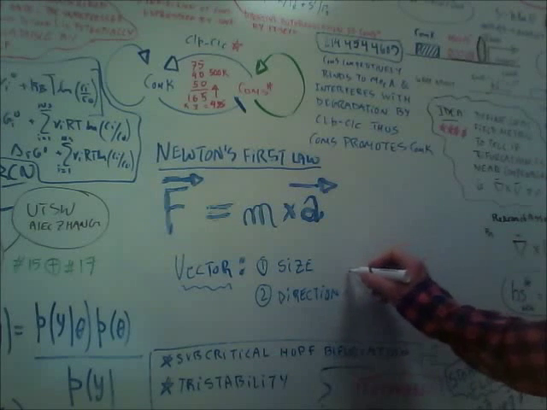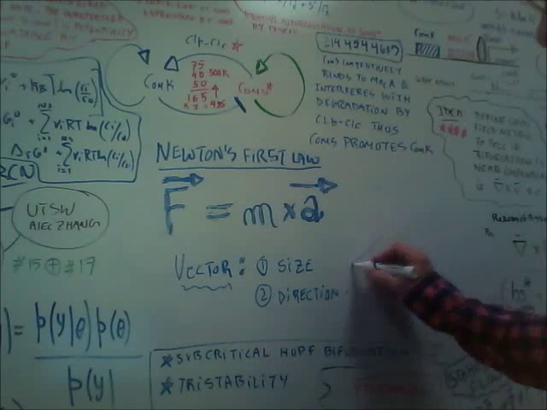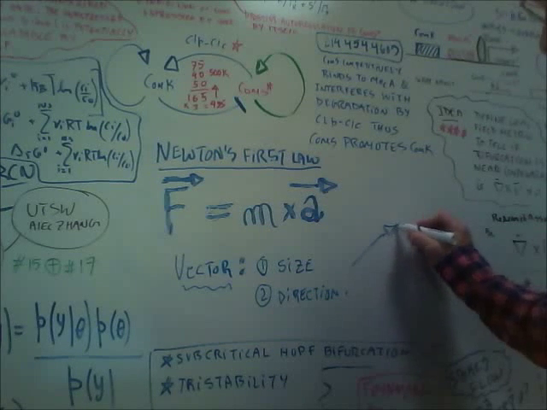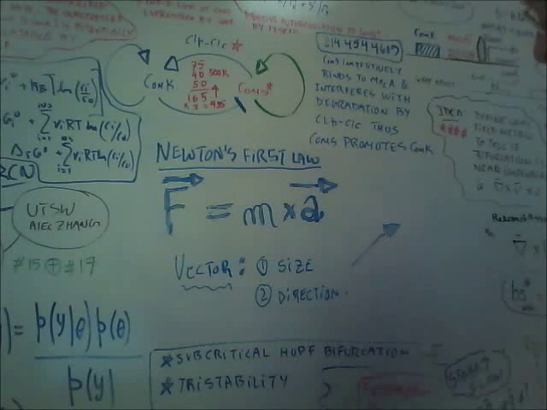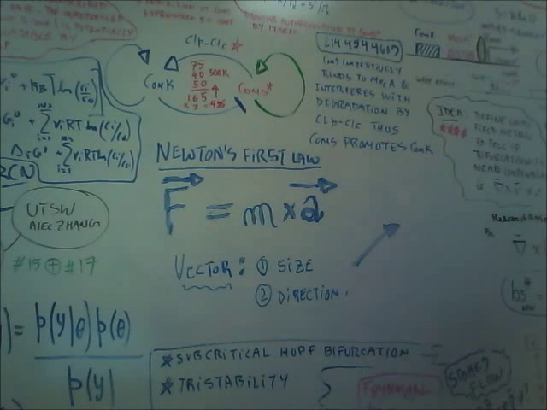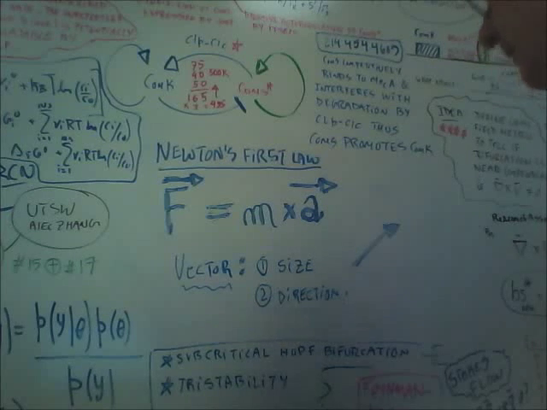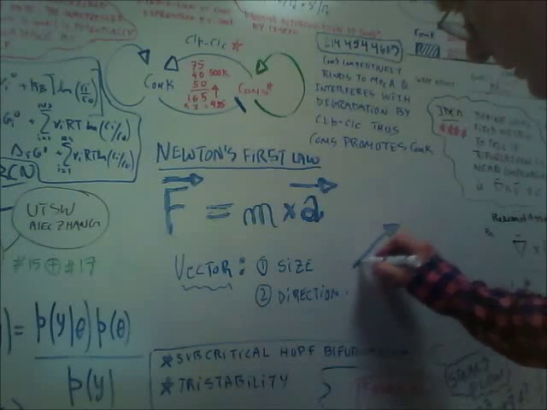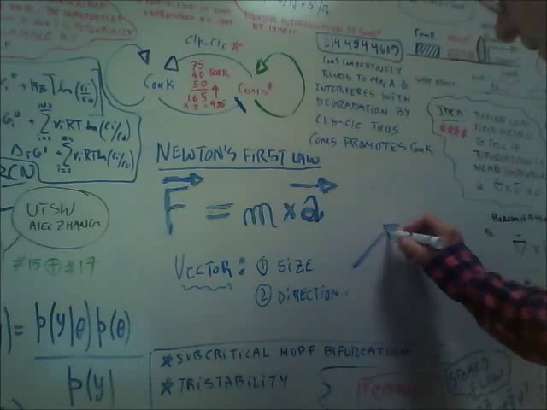So this is why we use in mechanics or dynamics an arrow to signify what a vector is. It has a size because the arrow is a certain length in a direction.